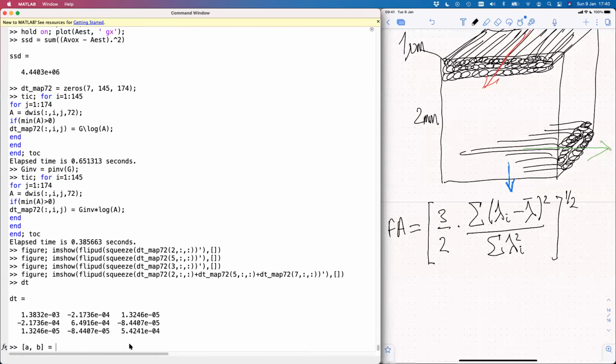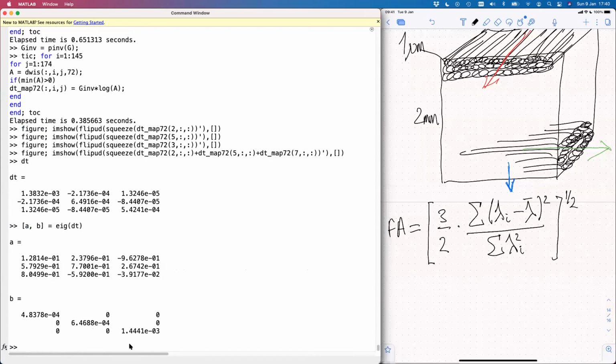It's called eig. If we compute the eigen system of that diffusion tensor, it gives us these two matrices, A and B. B has the three eigenvalues on its diagonal, and A has the corresponding eigenvectors as its columns. So the largest eigenvalue is this one here, and the corresponding eigenvector is this one here. For that particular voxel, this would be our estimate of the dominant fiber direction.